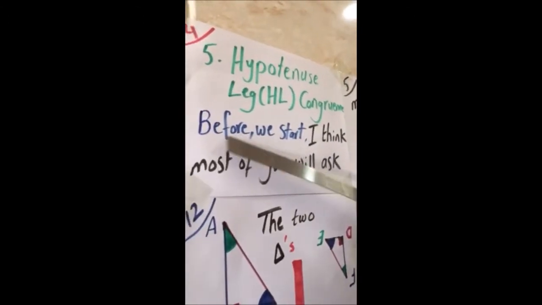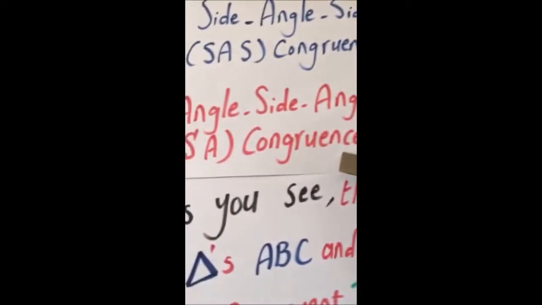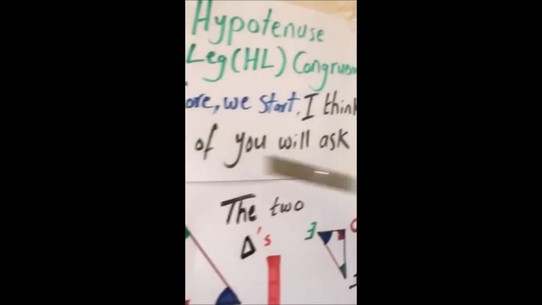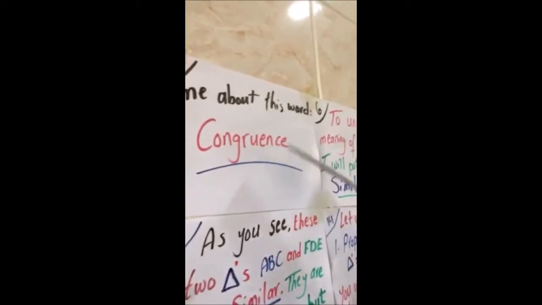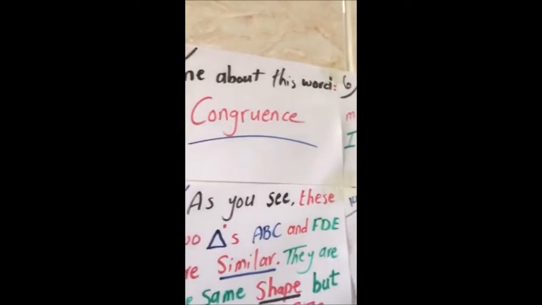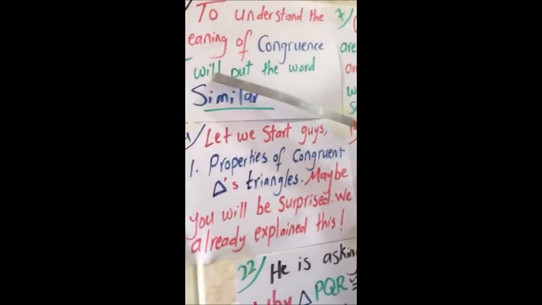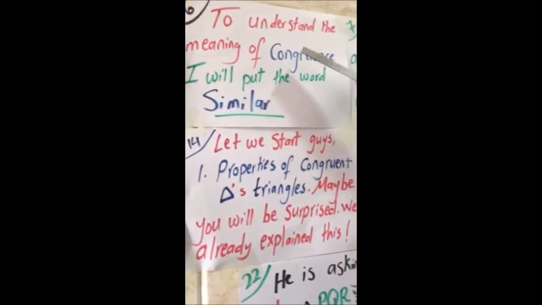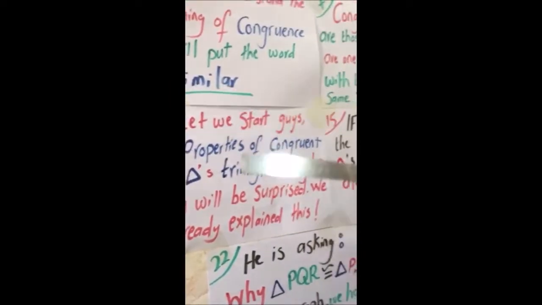Before we start, because the word congruence is repeated so many times, maybe most of you will ask, Mr., what about this word congruence? Yes, you are right. To understand the meaning of congruence, I will put another word beside it: similar.